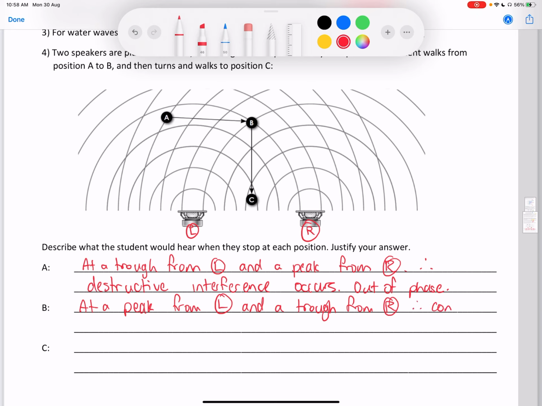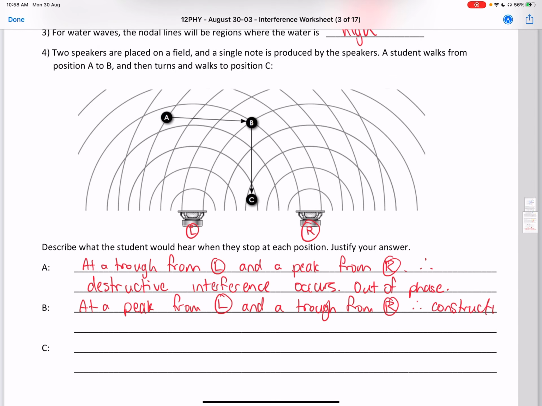Therefore, constructive interference. We are in phase. This is an antinode. This one would be a node. We're trying to use our language, put all our language together.